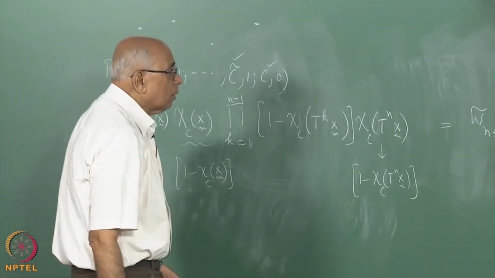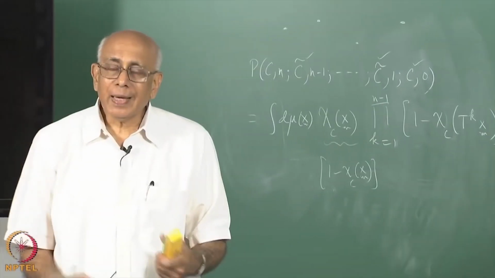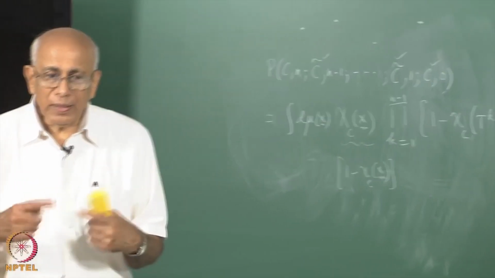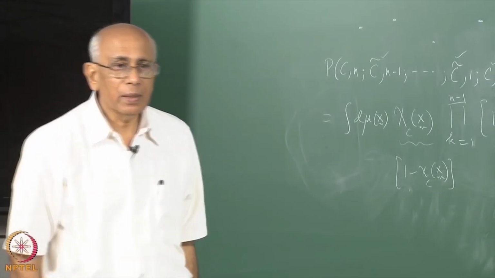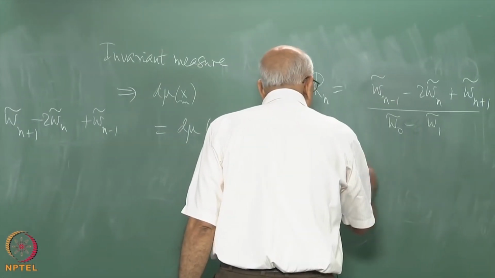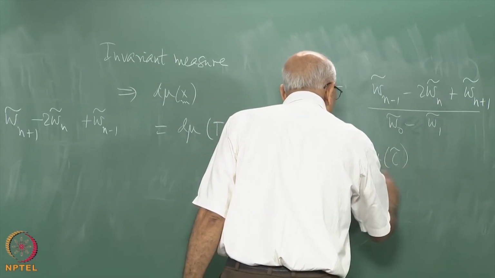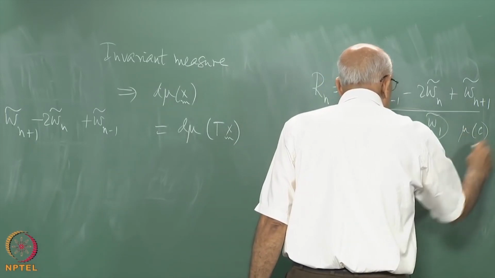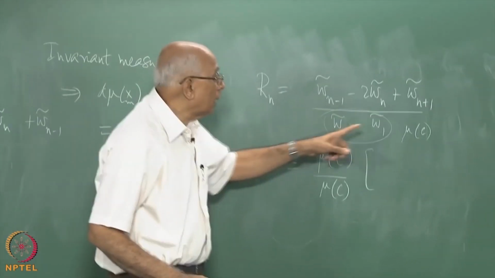So we got a really interesting formula which says that the recurrence time distribution to the cell C is the second difference of sojourn probabilities in the complement of C. The first difference gave you the escape, the second difference gives you the return, but to C. Okay. Well, we can write this back in terms of, I divide and multiply by mu of C, so this is equal to mu of C tilde divided by mu of C. This guy here is mu of C here, multiplied by Wn minus 1 and then a Wn plus 1.